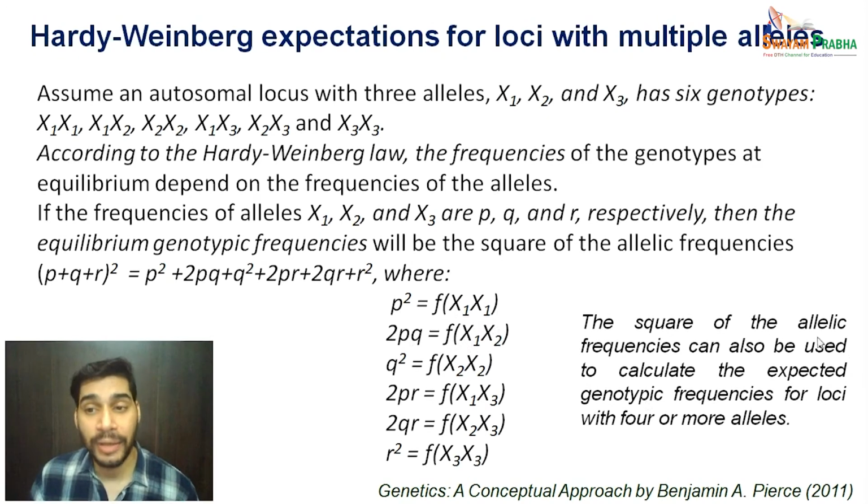So the square of the allelic frequencies can also be used to calculate the expected genotypic frequencies for loci with 4 or more alleles as well. So we see that the Hardy-Weinberg law can be used mathematically for multiple alleles as well.